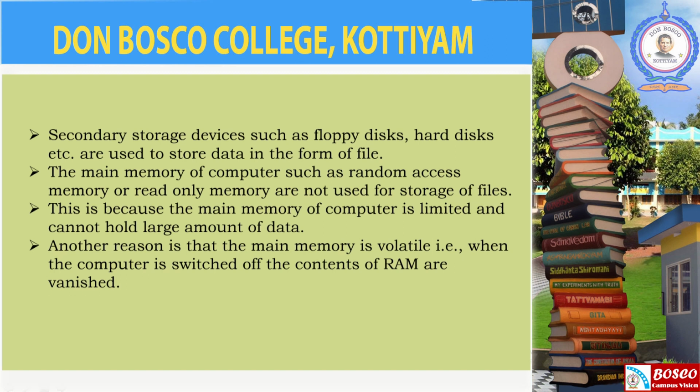That is, it cannot hold a large amount of data. Another reason is that it is volatile. That is, the content of the main memory will be erased once the computer is switched off.